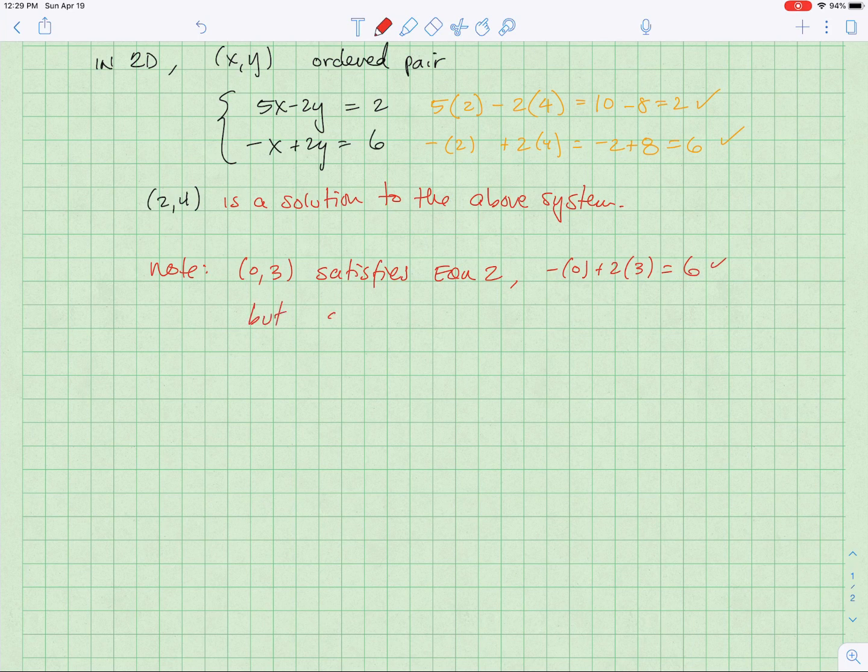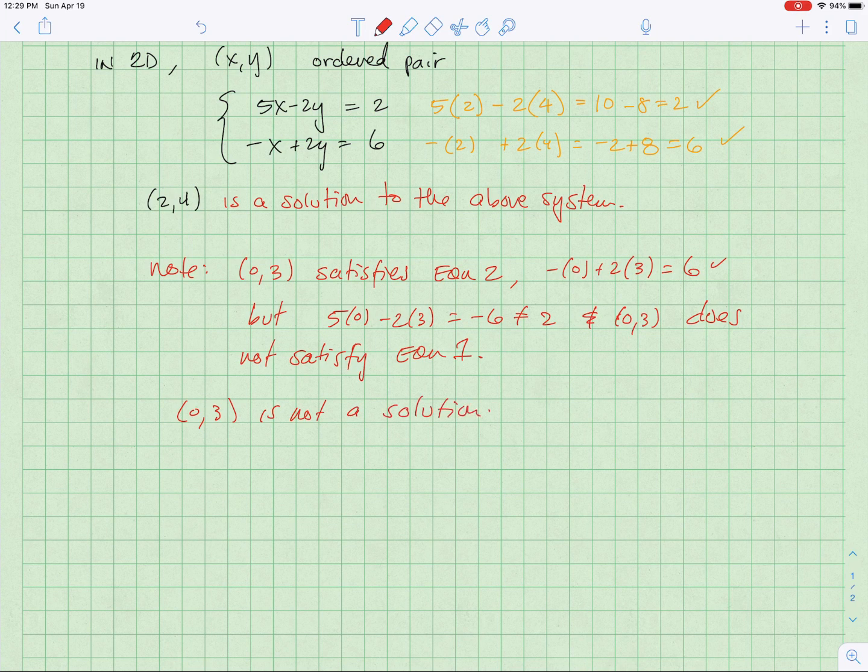But 5 times 0 minus 2 times 3 is equal to negative 6, which is not equal to 2. And so 0, 3 does not satisfy equation 1, and so 0 comma 3 is not a solution. So that's analytically, that's by the numbers there.